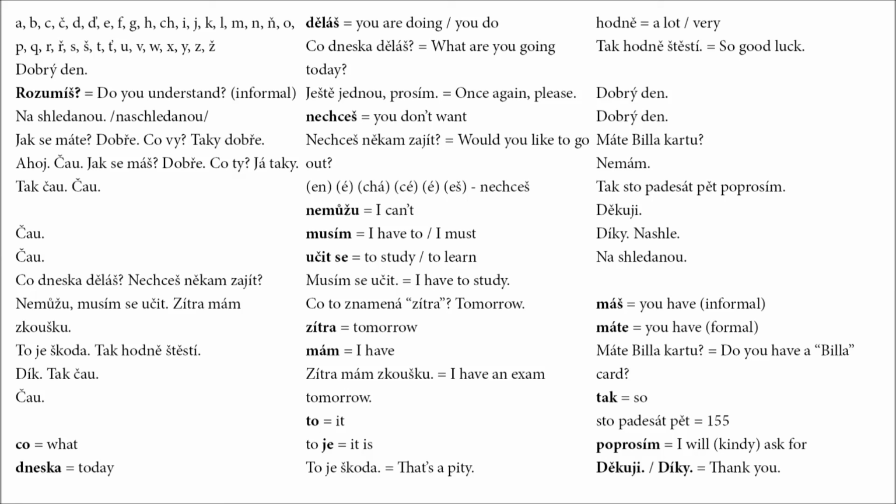Na shledanou. Díky, na shledanou. Any idea what this would be? We said na shledanou is goodbye, so it's more like okay, bye. It's a short way of saying goodbye, exactly. And the cashier says na shledanou, the full version, because they don't know each other.